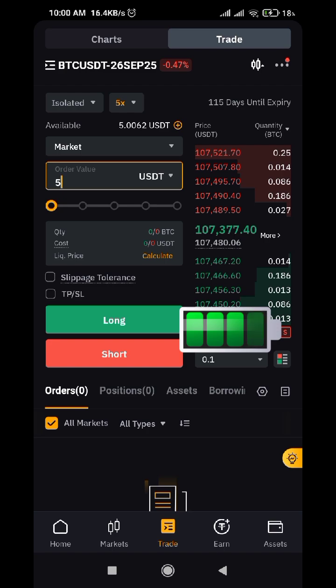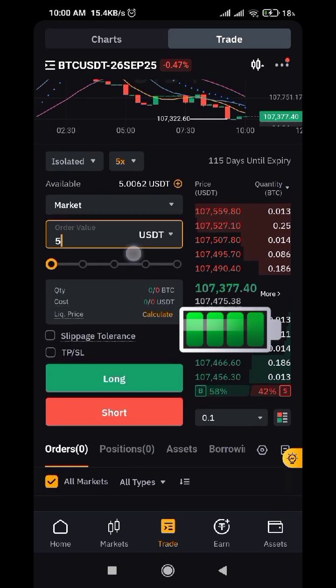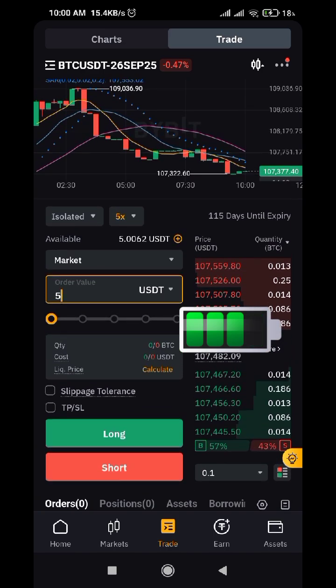If you feel that this trade is going to buy, then you click on long. I'm not doing any analysis right now, so let's just long, let's buy. They said minimal order exceeds. They don't allow $5 to trade BTC on this particular note.